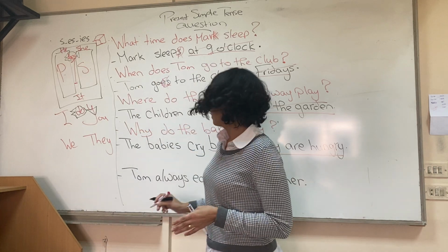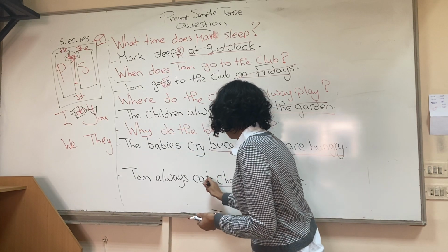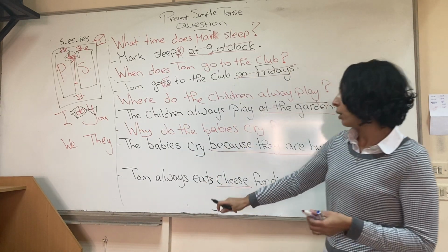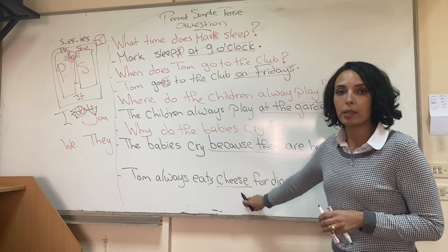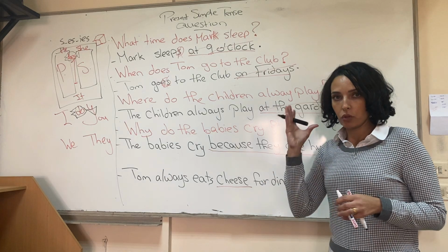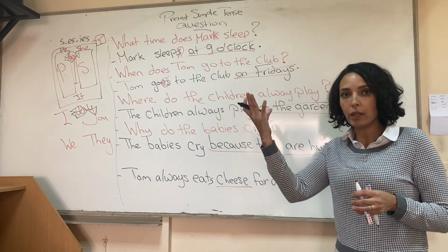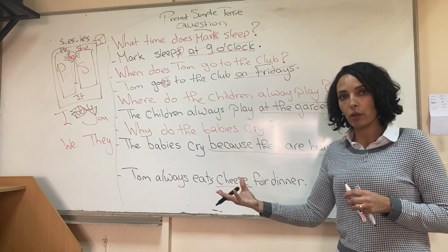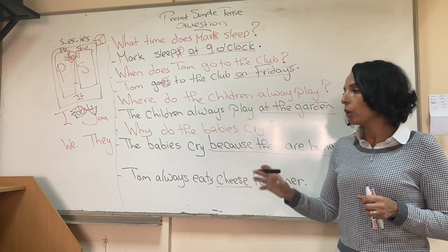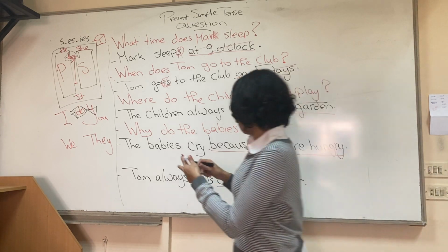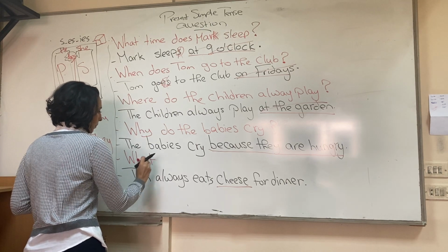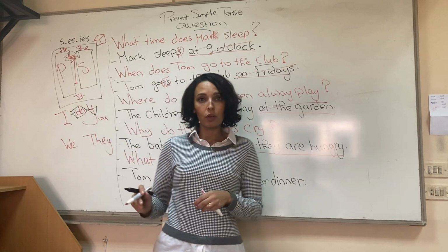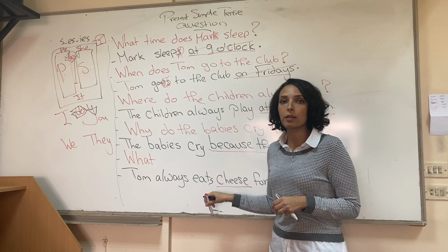Tom always eats cheese for dinner. I want to ask about the cheese. Cheese. It's something, a thing. So which question word am I going to use? What? And then my fish. Let's look at the verb. Eats.